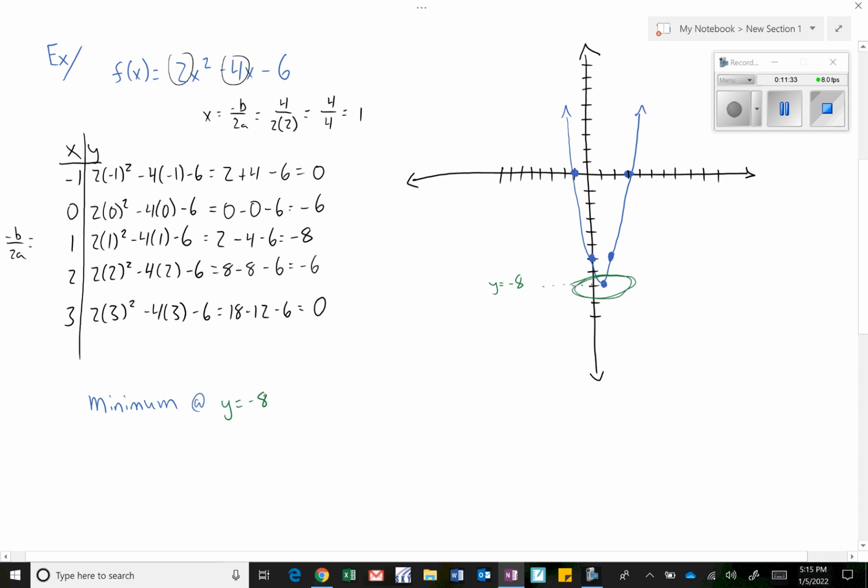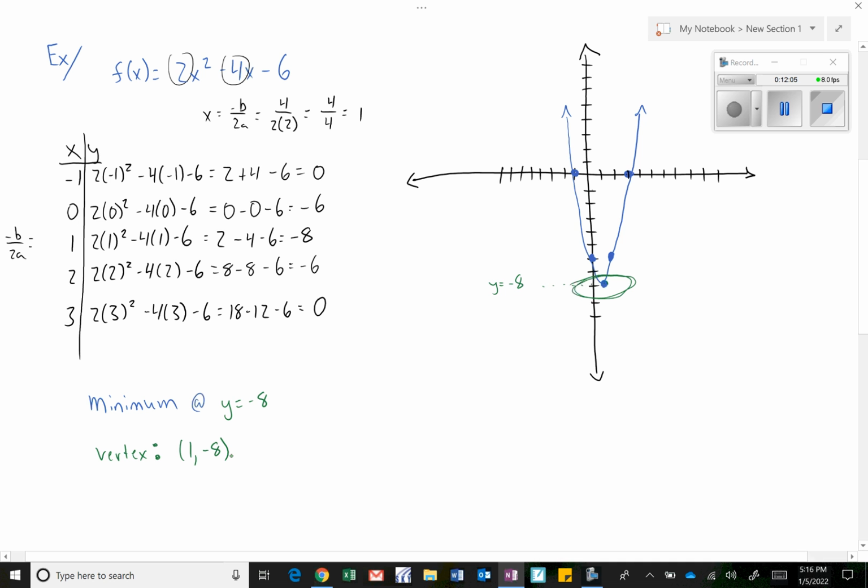Okay. What else can I say about this graph? I can also say that our vertex, remember I just said that the vertex is like the top or the absolute bottom of the graph, like it is here. And so here our vertex is actually this middle point as well. It's this guy. So that's the point 1 comma -8. That's our vertex. Okay.